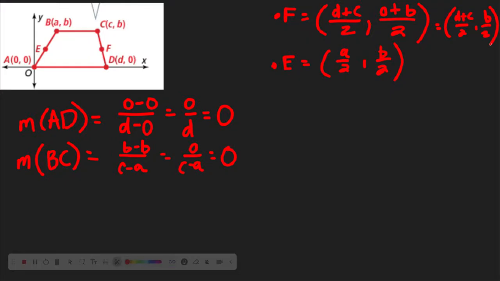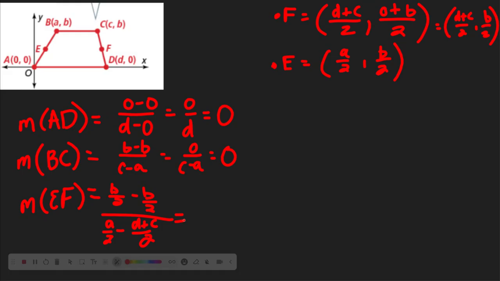All right, so if I want to find the slope of EF, it's B over 2 minus B over 2, over A over 2 minus D plus C over 2. Now, what matters about this crazy complicated fraction for our proof?